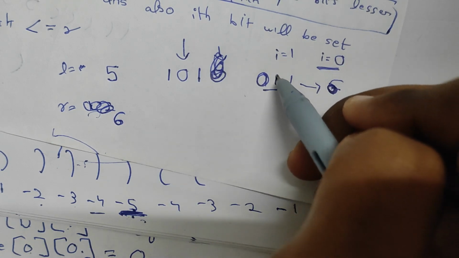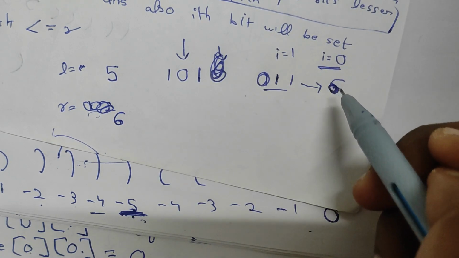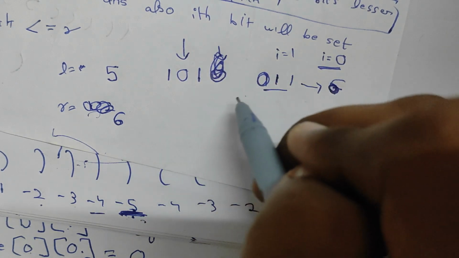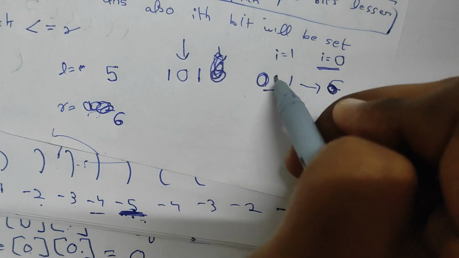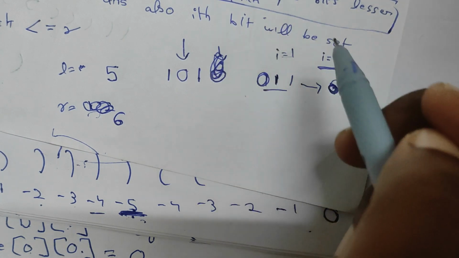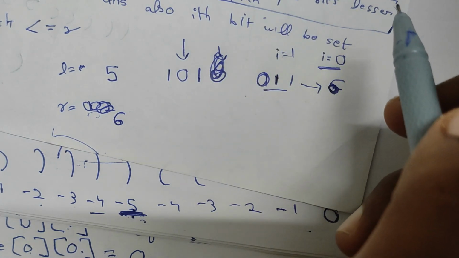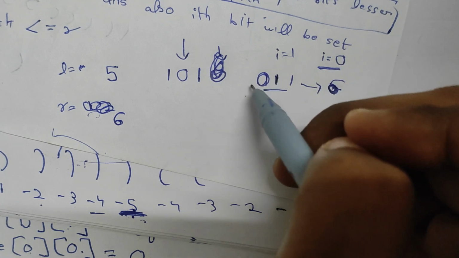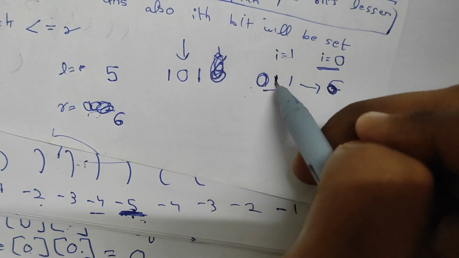So from this we know that there is a value 6 that is lesser than or equal to 6, so we can set this particular first bit in our answer as well. That's why we are unsetting all the bits lesser than the ith bit.